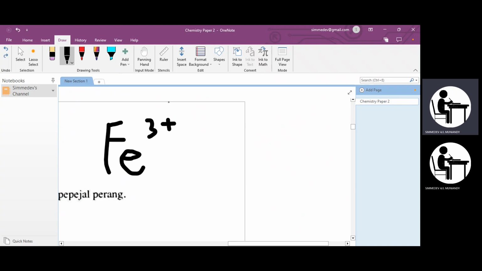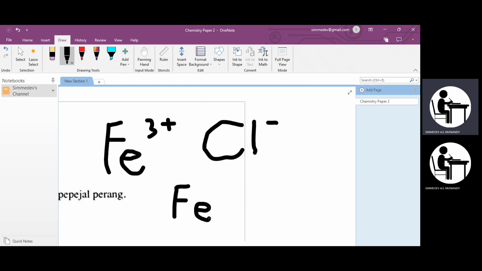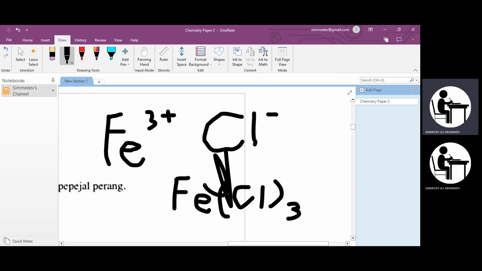Sorry for the bad handwriting again, I deeply apologize. For chlorine it will be negative. Alright, if you cross the charge, it will form FeCl3. I hope you get what I'm writing here. It forms FeCl3.